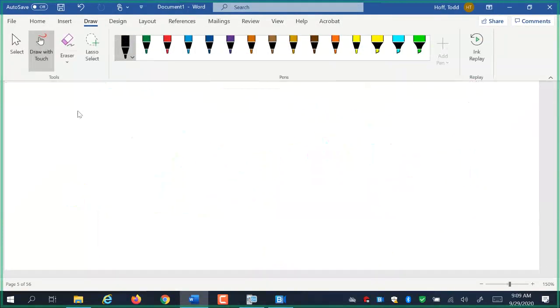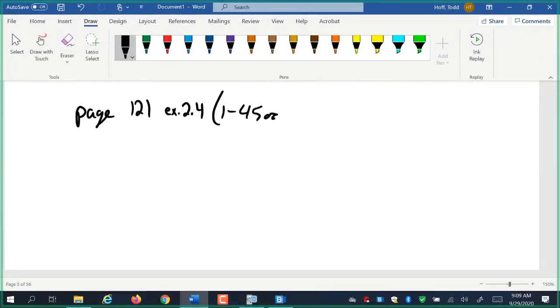Okay, so for homework, we have 3 pages today. Page 121. This is exercise 2.4, 1 through 45, the odds. That's working with some of those fractions with negatives.